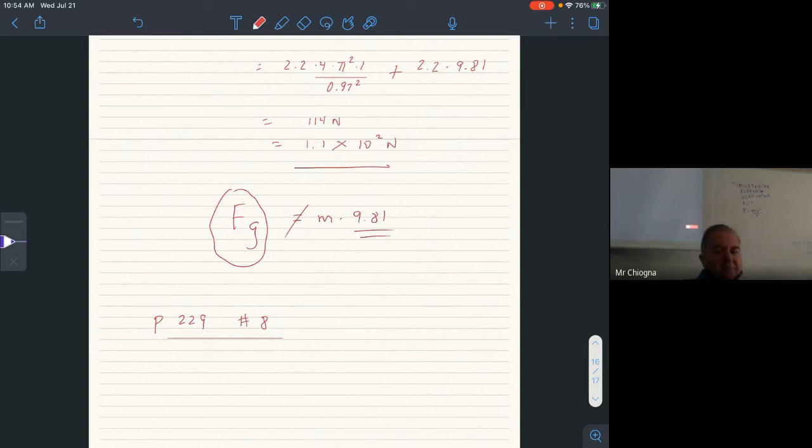G is 6.67 times 10 to the minus 11, and the mass of the Sun is 1.99 times 10 to the 30 kilograms, and the mass of the Earth is 5.97 times 10 to the 24 kilograms. Again, located in your table of constants. Divided by r squared, the distance between them squared.